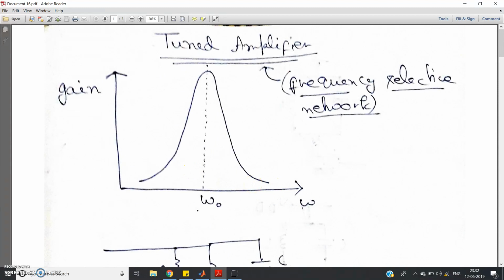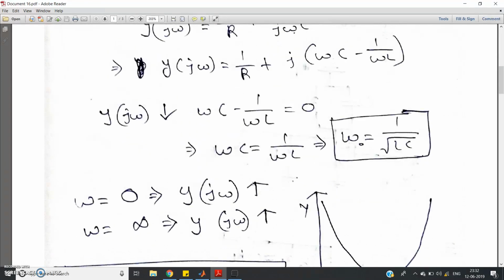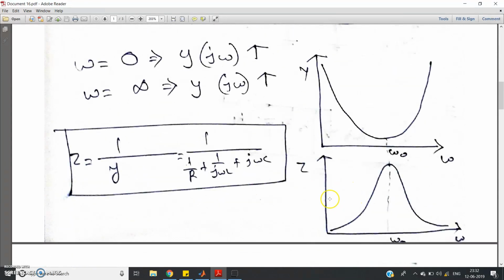So if we are able to make a circuit for which gain is dependent on this Z, the impedance offered by the parallel resonant circuit, then our job will be done. Because if gain is dependent on Z, then that gain also varies like this impedance versus omega curve, and we will get our aim, that is, making a tuned amplifier whose characteristic curve looks like this.